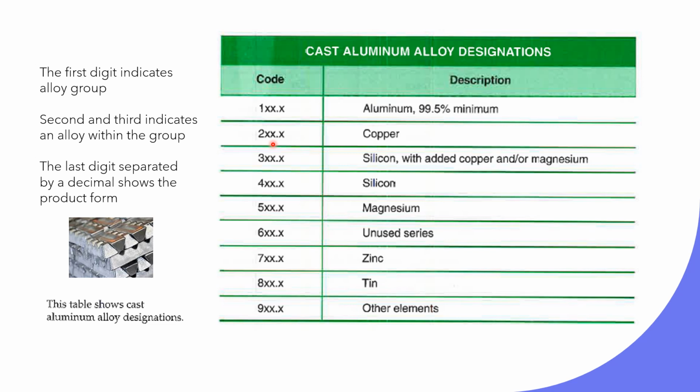The last digit, separated by the decimal, shows the product form. But we're not going to get into detail. If you can get the alloying element for this textbook and this course, you're okay. So these alloy elements are added to aluminum. And here you can see the cast aluminum is a little bit different.